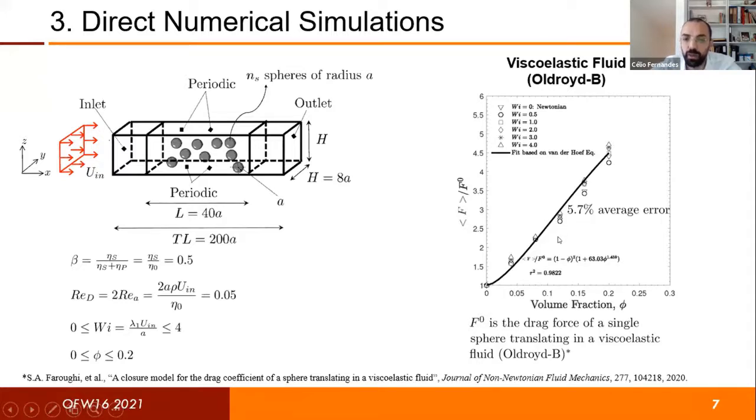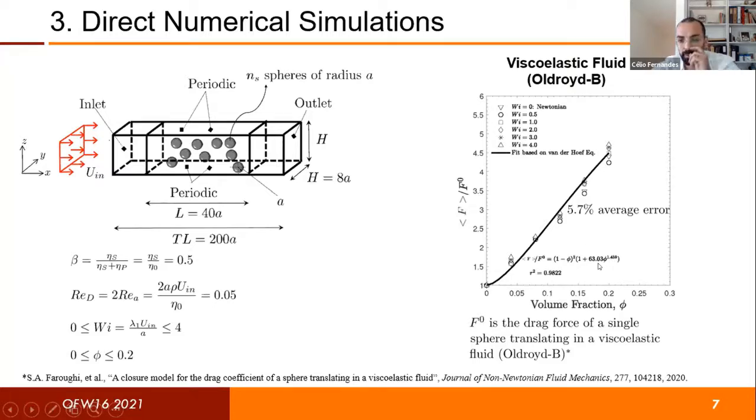And if we consider a fit of our numerical results according to the Van der Hoff model, we can get a fit with a squared regression factor of 0.98 and only 5.7% of average error between our numerical results and the fit.